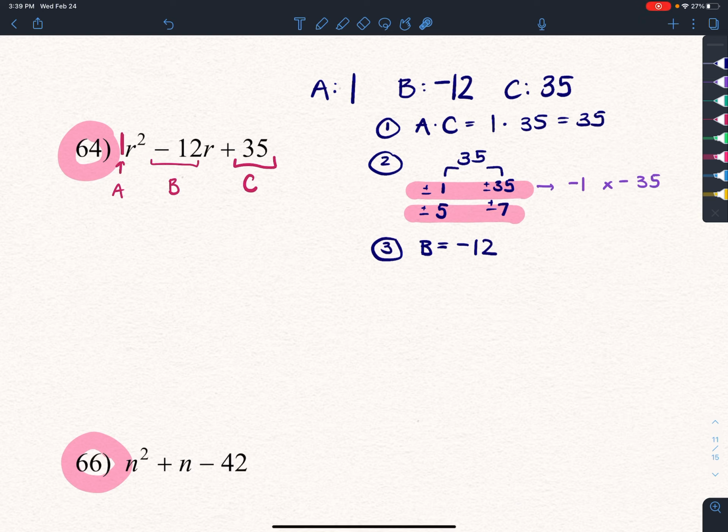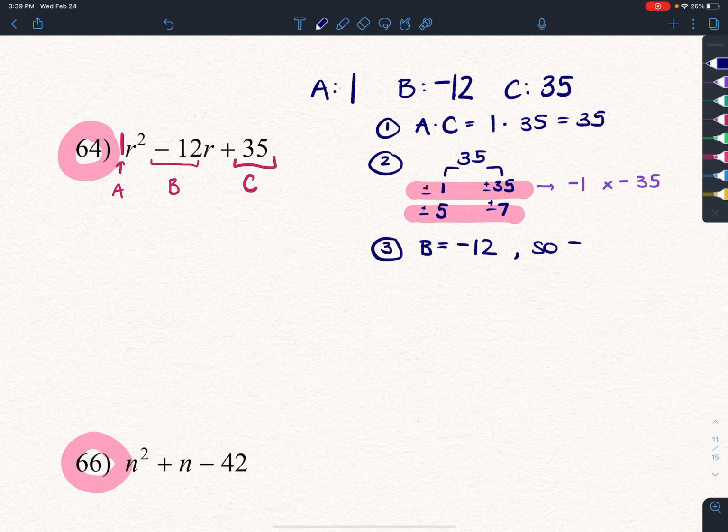So you have to consider the positive pairs of factors and also the negative pairs of factors. In this case, we have positive 1 along with positive 35. We have positive 5, positive 7, and then our other options are also negative 1, negative 35, and negative 5 and negative 7. And we have to pick the ones that when we add those 2 up, it gives us negative 12.